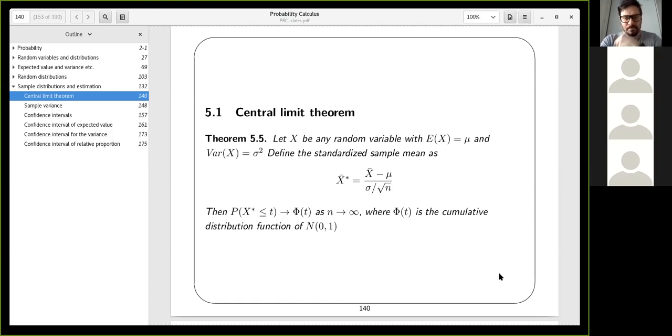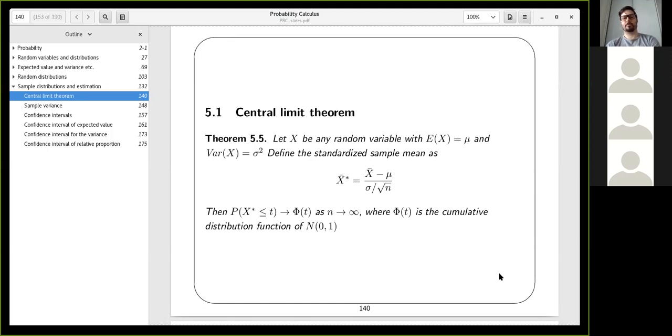So yesterday we talked about the central limit theorem a little bit. Here we see that if we have a random variable with a known mean, or expected value, and variance, we take a sample, that x bar there meaning the sample average or sample mean, and then we normalize it.